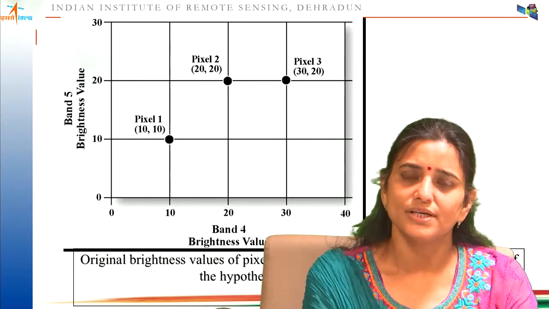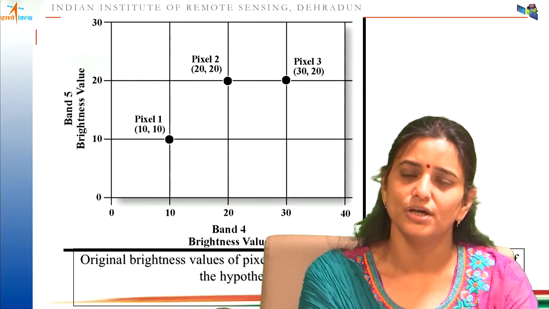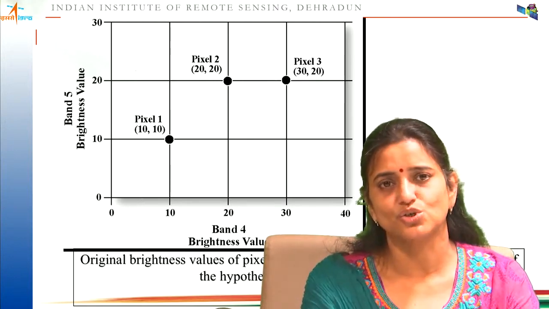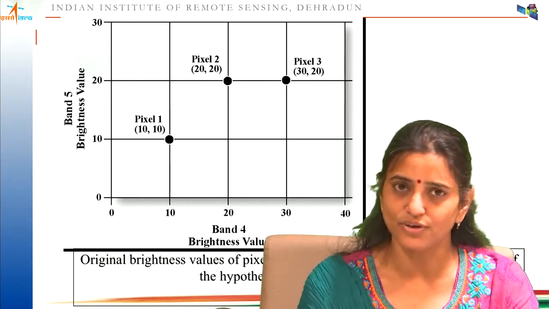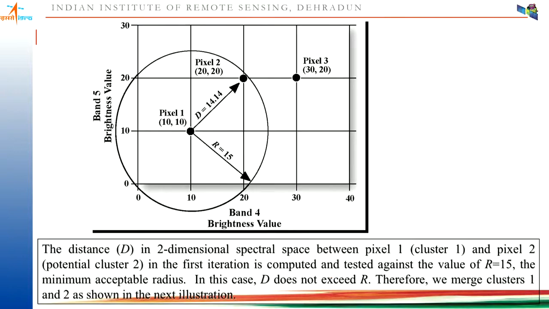Now, it will go to the next pixel and find out whether pixel number 2 should merge with the existing cluster or whether it should create a new cluster. How will it do this? It will calculate the spectral distance of pixel 2 from the mean of cluster 1. The mean of cluster 1 is 10, 10, and the pixel value of pixel 2 is 20, 20.